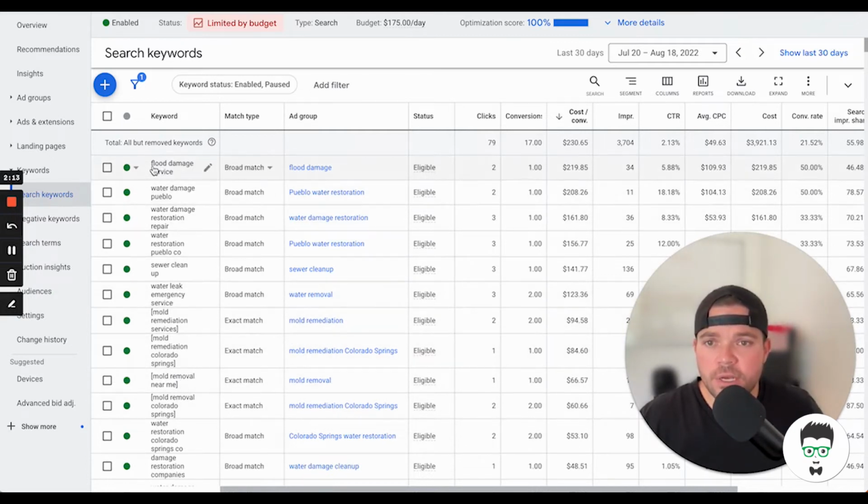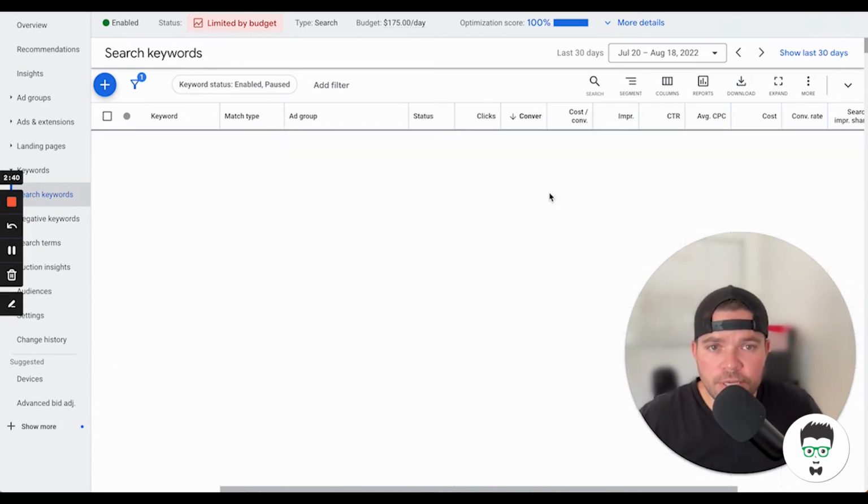So we're using flood damage service, water damage Pueblo, water damage restoration repair, water restoration Pueblo CO, that'd be a geolocation keyword, sewer cleanup, and water leak emergency service. These are driving the majority of the conversions here, as you can tell.